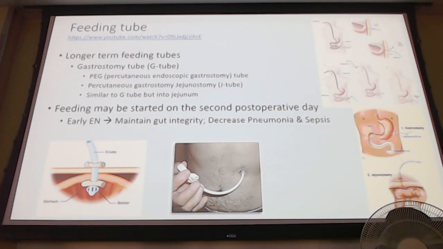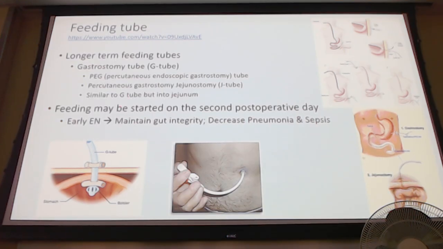Okay, long term, say somebody has esophageal cancer, or they've had a neurological issue where they can't swallow anymore, or a neurodevelopmental issue where they can't swallow. We will put in either a PEG tube, which is a percutaneous tube. Okay, basically it's just a G tube that we put in by endoscopy.